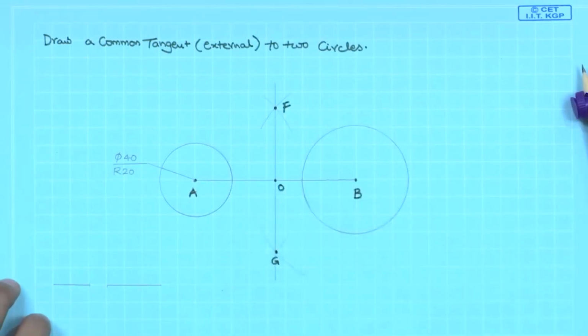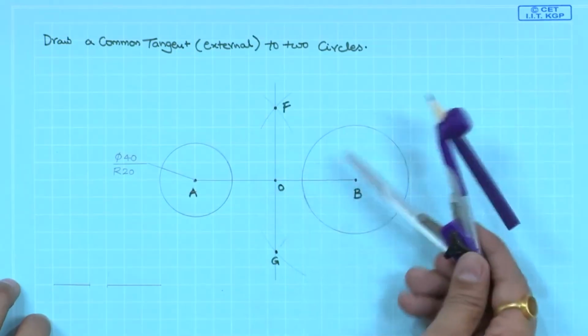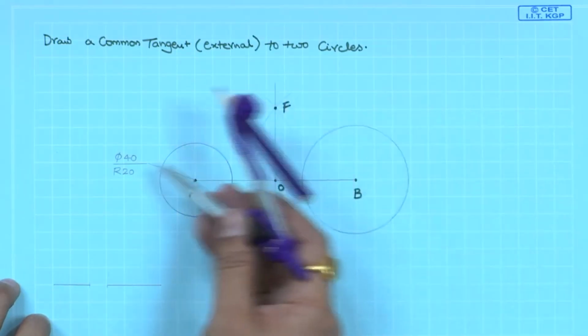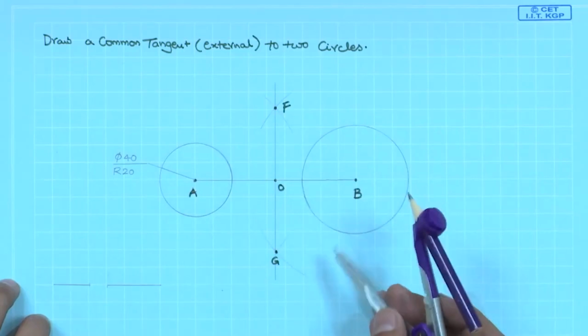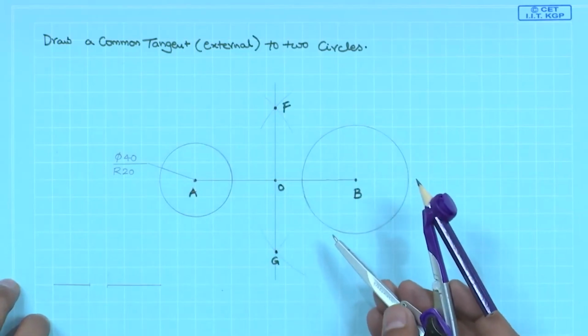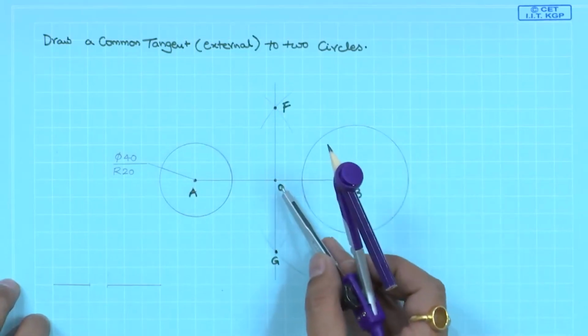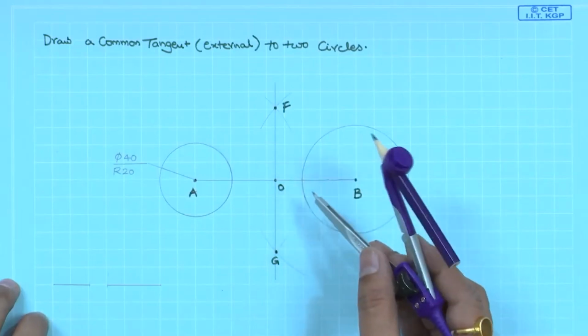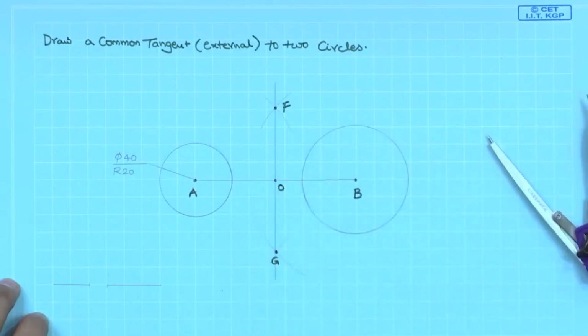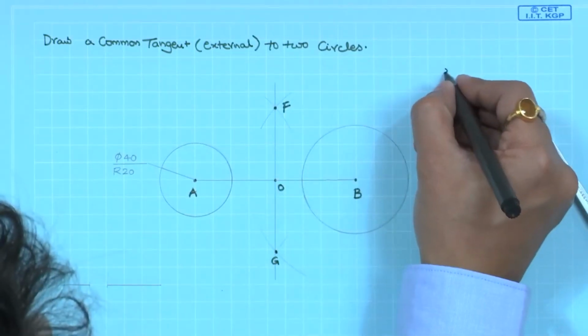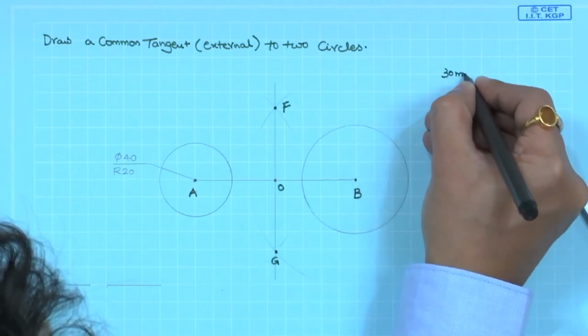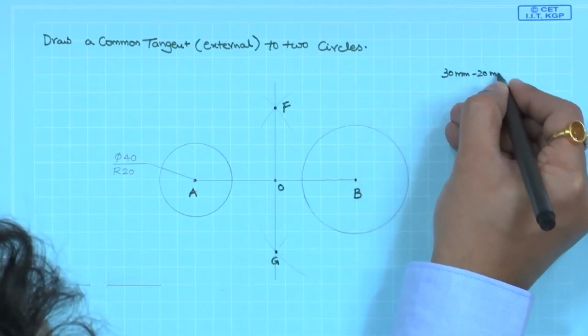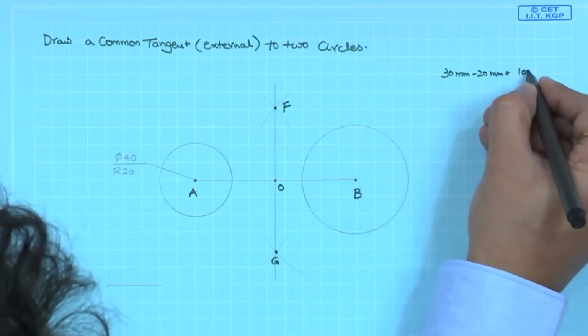Now, we want to construct a tangent from the larger circle which passes through the other circle A. For the purpose, first of all, what we have to do is draw the difference in radius, that is 30 mm minus 20 mm, which is 10 mm.